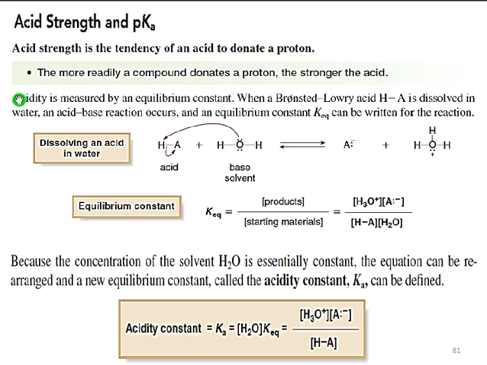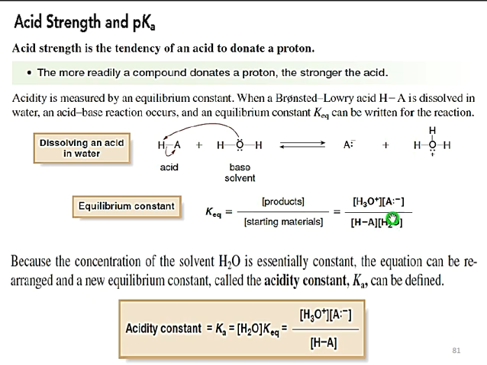Acidity is measured by the equilibrium constant. When a Bronsted-Lowry acid, HA, is dissolved in water, an acid-base reaction happens, and the equilibrium constant, K equilibrium, can be written as the concentration of the products over the concentration of the starting materials.